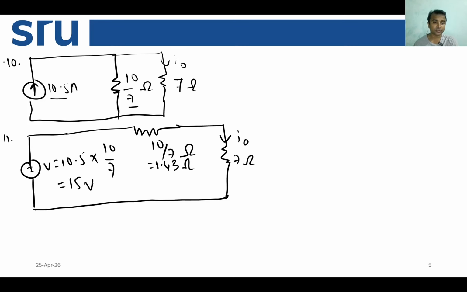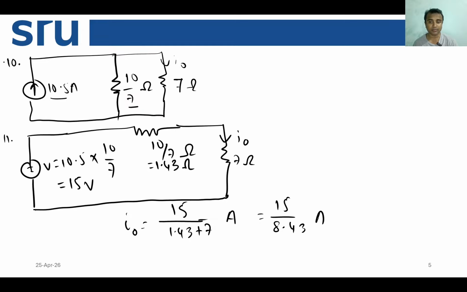So now in this circuit we can actually calculate the current. So this is a single loop, and I0 is actually the current. So the I0 will be given by 15 divided by 1.43 plus 7 ampere. So we know that it should be 15 by 8.43 ampere, right?